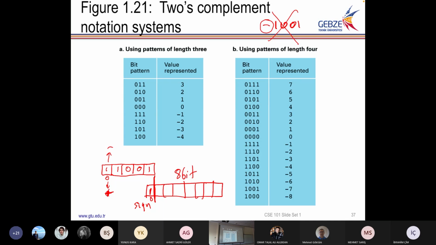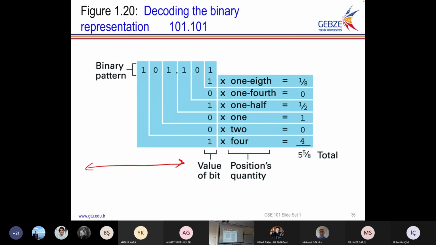The problem lies around when you have a number line, sayı doğrusu, line of numbers. You have 0, you have 1, you have 2, you have 3, -1, -2, and these go to infinity, right?